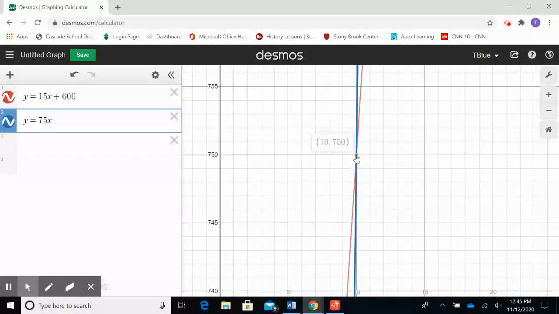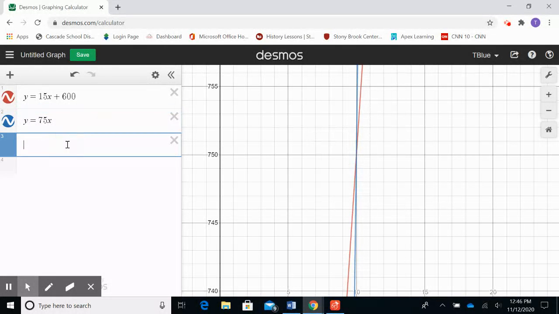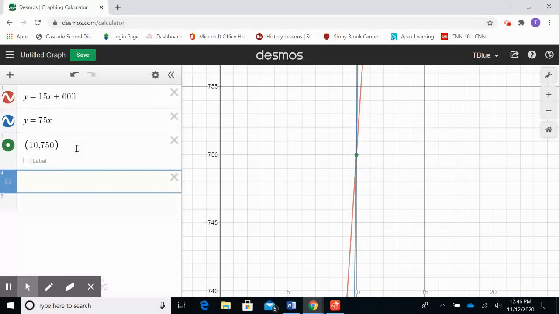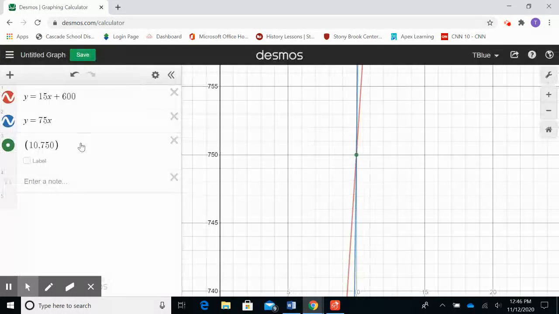So what that tells us is (10, 750) is the solution to this set of linear equations. And how you're going to note that in, you can also, if you want to, just use this as notes.